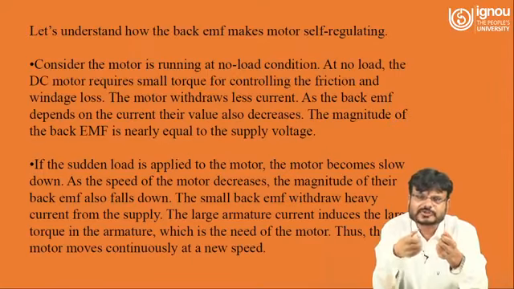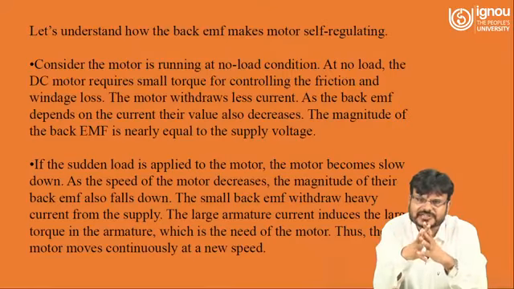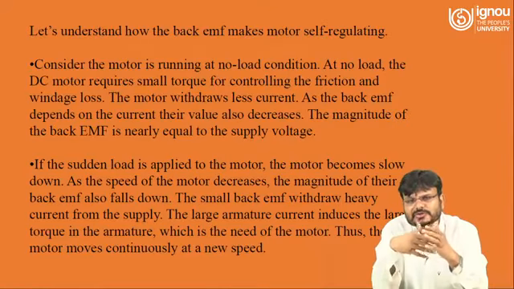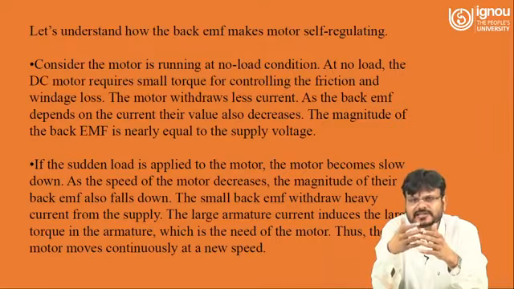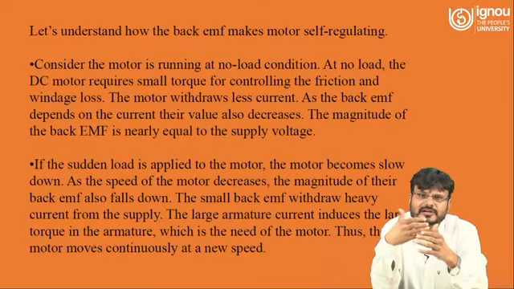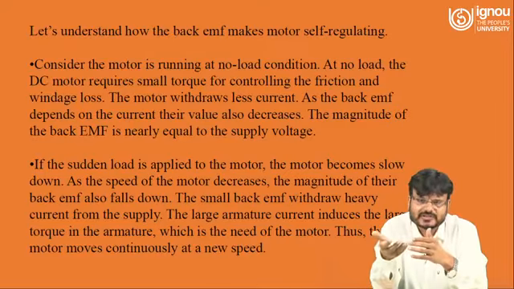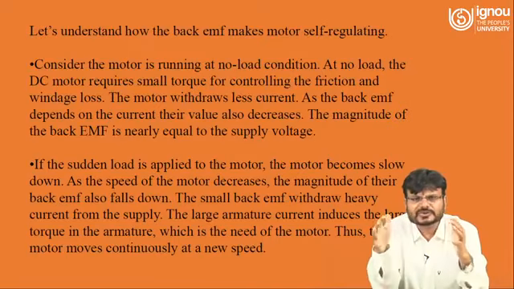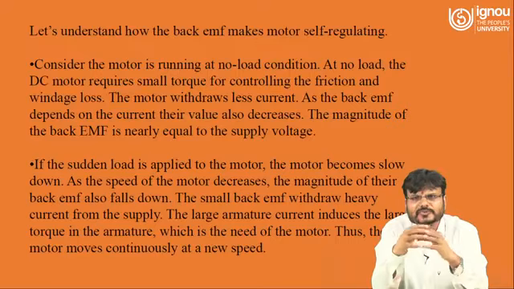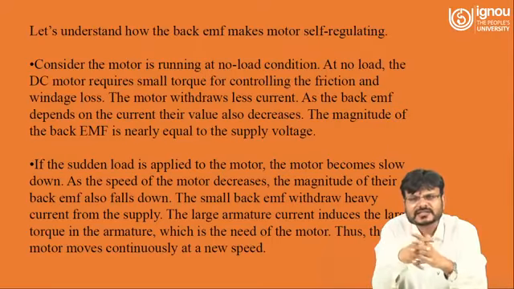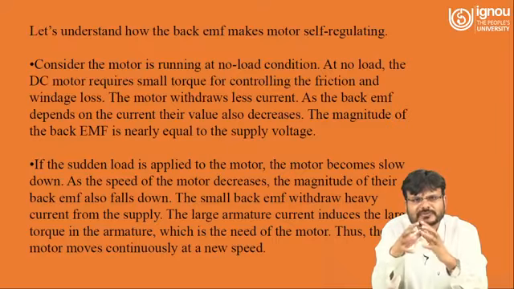And what is the use of that extra current? This extra current is nothing but the armature current. If the motor is able to draw this extra current IA, it will develop extra torque, which will be useful to run the motor. So if a sudden load is applied, the motor slows down. As the speed of the motor decreases, the magnitude of the back EMF also falls.